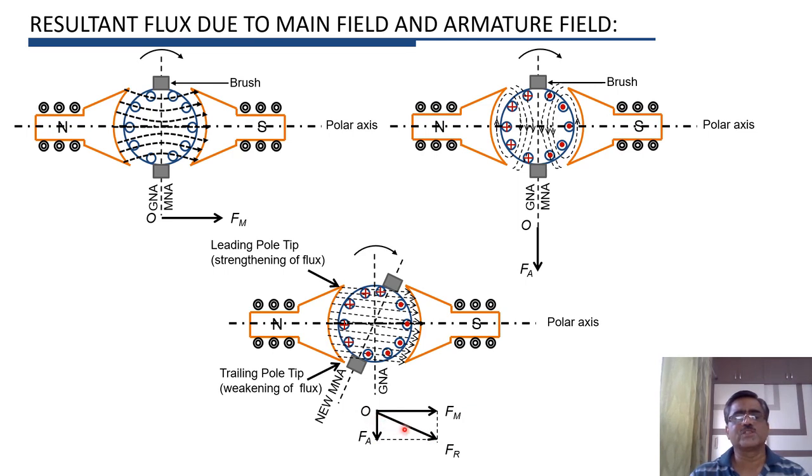So the resultant flux will be FR, which is the sum of the main flux and the armature flux. So here what happens? There is distortion of flux.